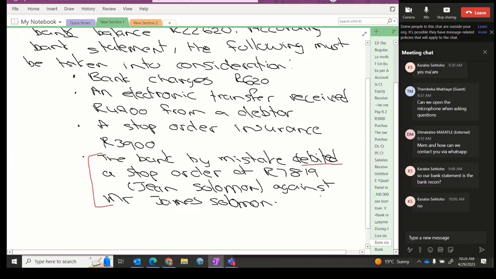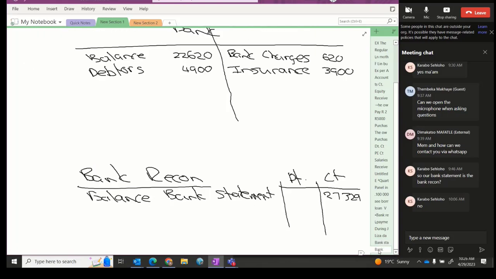Because it is the vice versa. Yeah, that's correct. So because they debited your account, you're going to tell them, no, fix your mistake and take it out of my account because it's not my payment. And then you just say correct error or something like that.